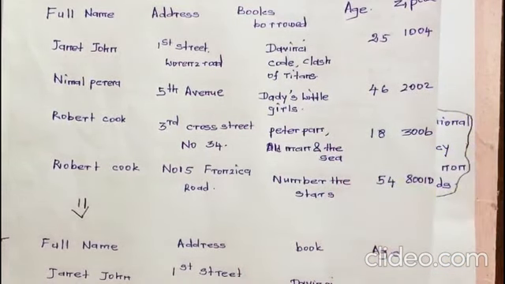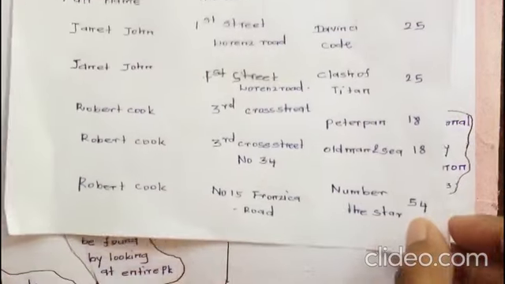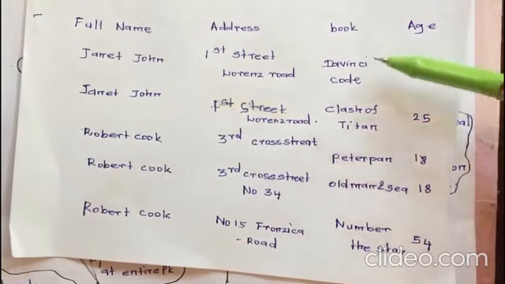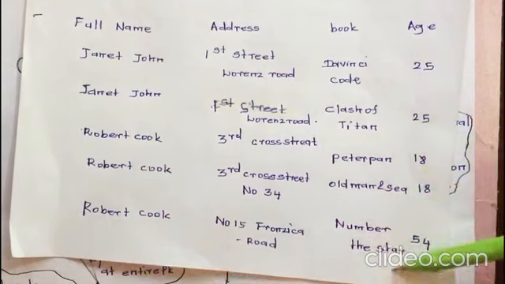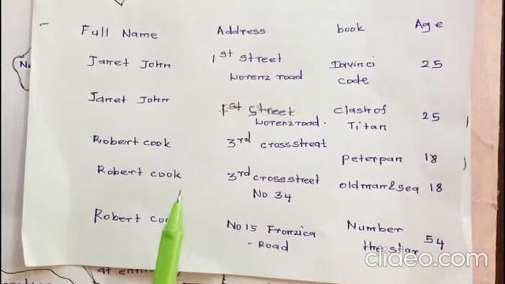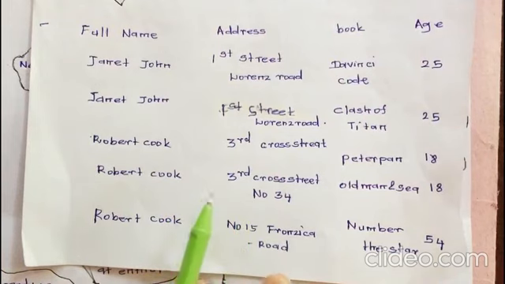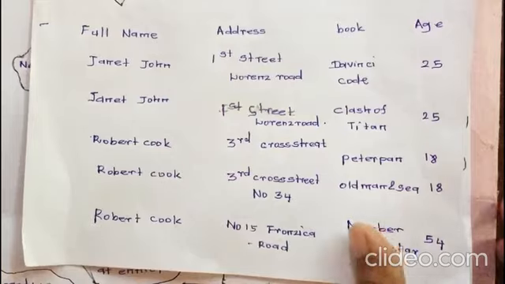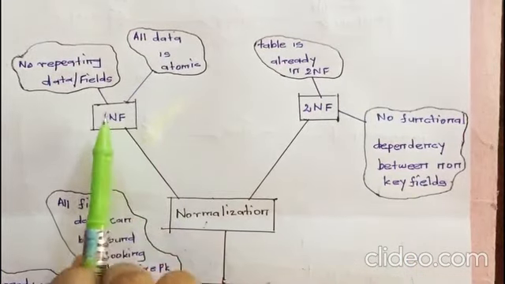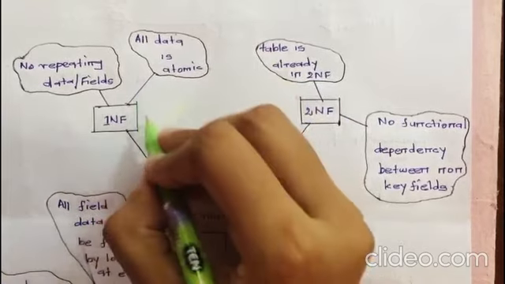So in order to make it first normal form, we can rearrange the table like this. After rearranging, you can see each cell contains only a single value. So now this table is in first normal form. First normalization form is done.